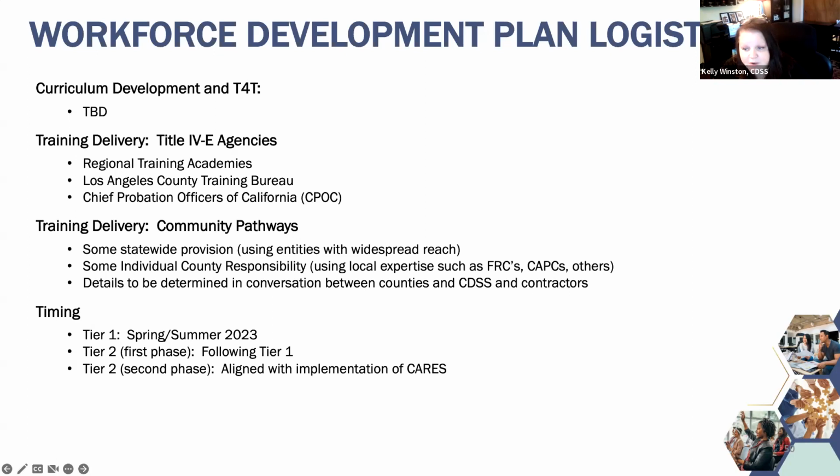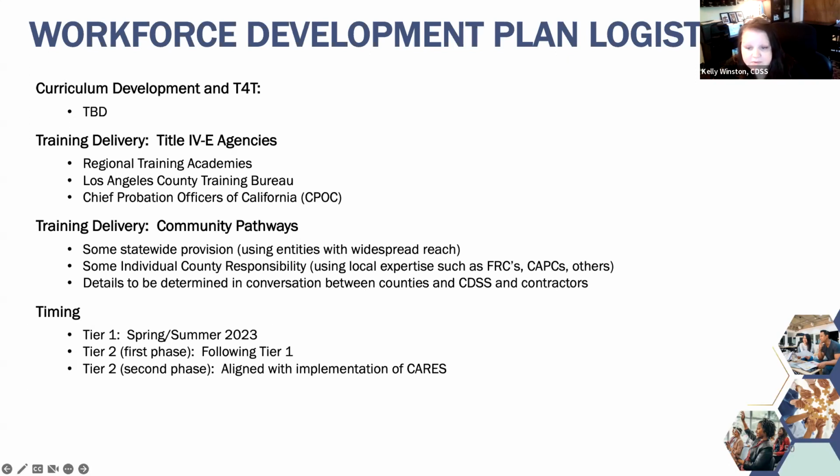We intend for this primary curriculum to be developed by one entity with input from their training delivery partners to support those nuances needed for each audience. In discussion with our training partners, we're figuring out who is going to be best positioned to lead that work.